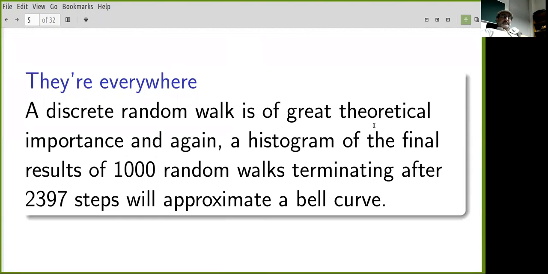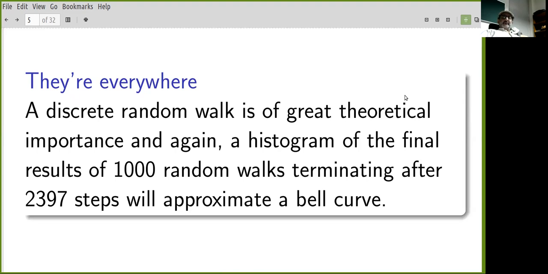If I did the results of 1,000 random walks, terminating after 2,397 steps, and you looked at where you ended up. So a random walk would have the walker, at each tick of the clock, decide randomly with 50% probability to take one step to the left or one step to the right.